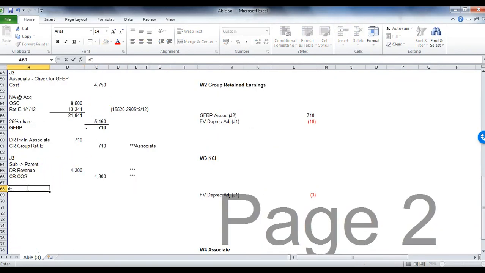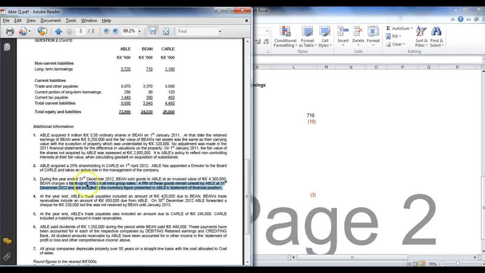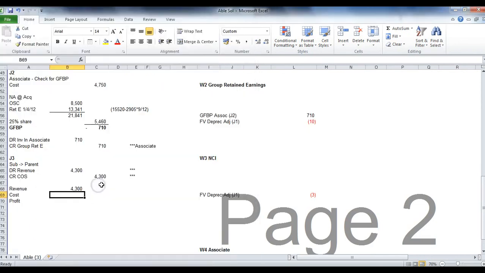The next one then is to calculate the unrealized profit: revenue, cost, and then profit. So the revenue is 4300. You're told in the question it was a 15% markup. So that means this is 115% of cost. That's how markup works.